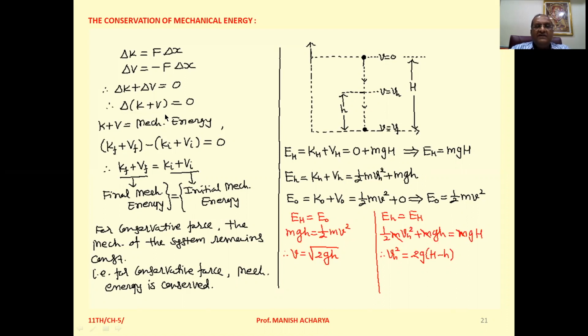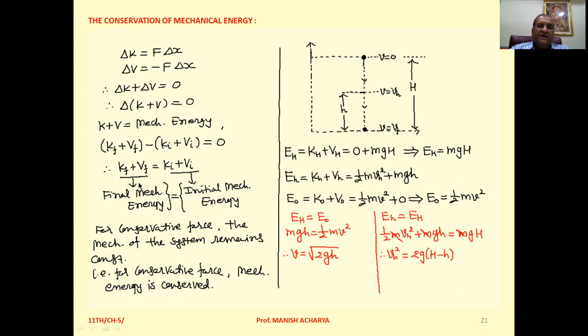So we can write this left hand side as K final plus V final minus K initial plus V initial, and that is equal to 0. So if we take this particular term on right hand side, then we can write K final plus V final is equal to K initial plus V initial.